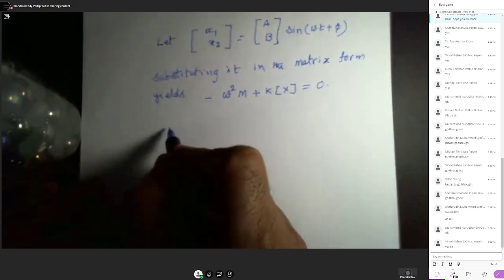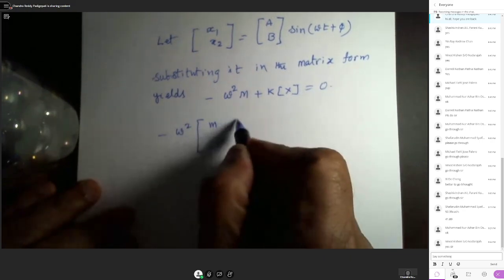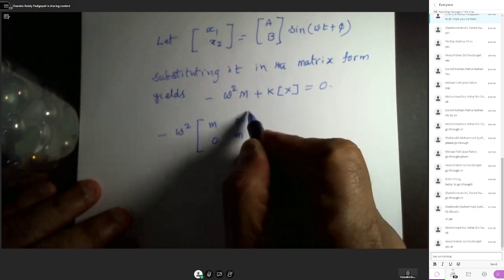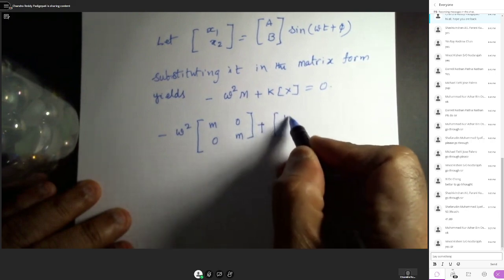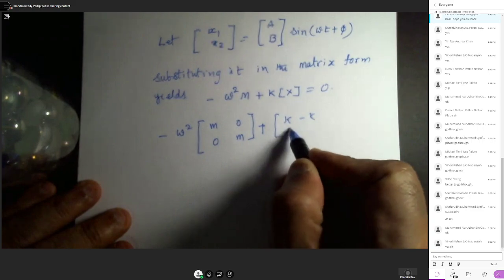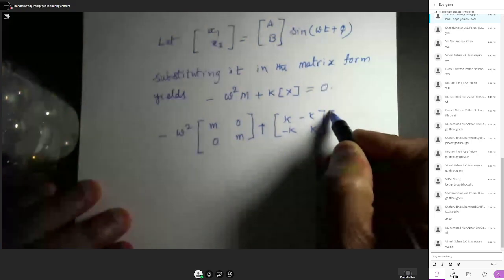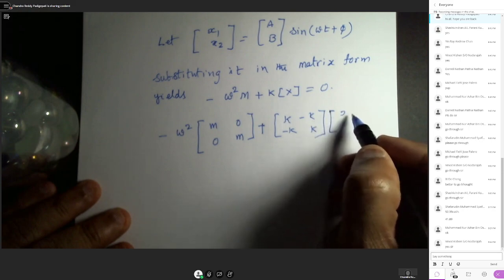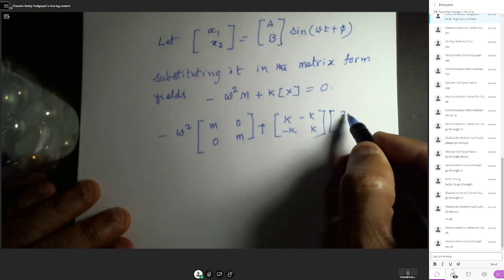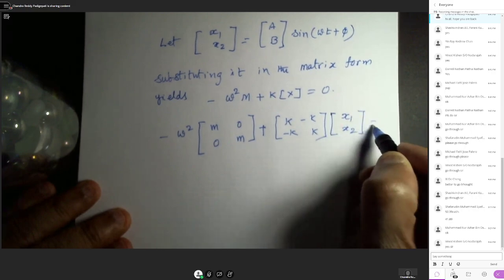That means omega square, the mass matrix is m, 0, 0, m. The stiffness matrix is k, minus k, minus k, k. So you can write x1, x2, 0.